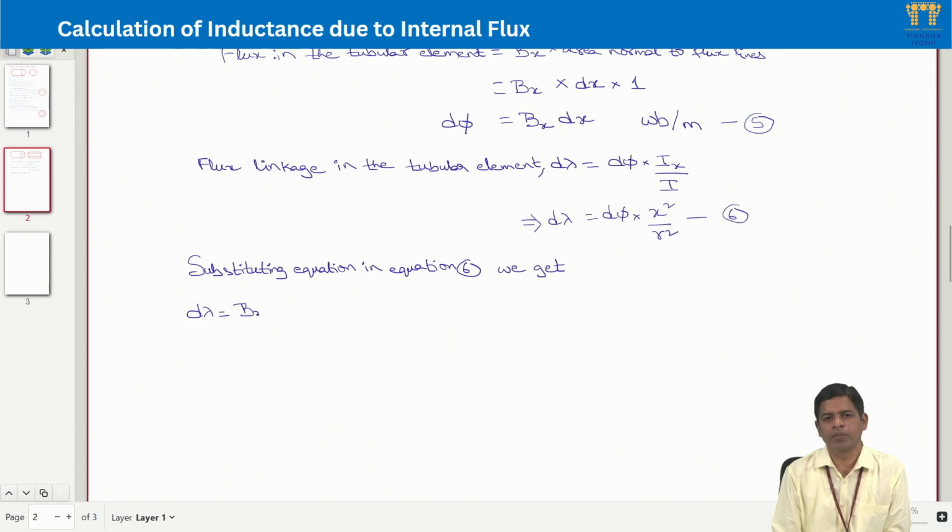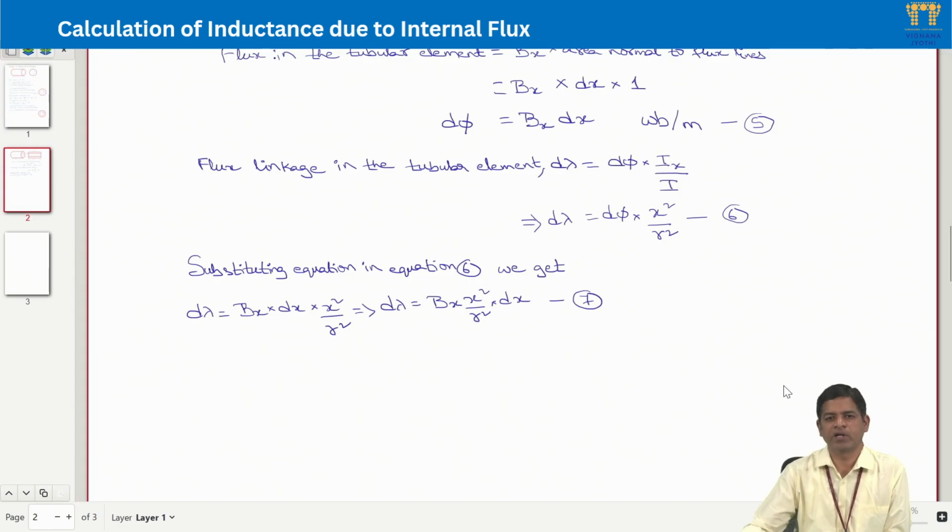So bx into dx into x square by r square, or I can also write this as d lambda is equal to bx into x square by r square into dx. Let this be equation 7.